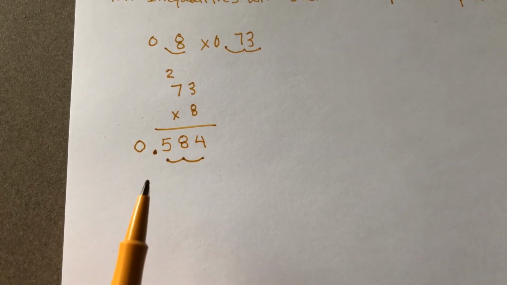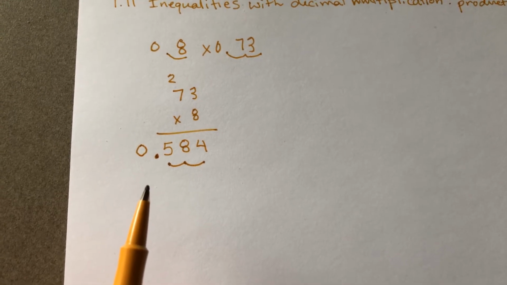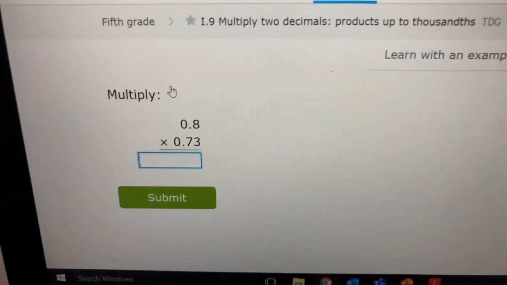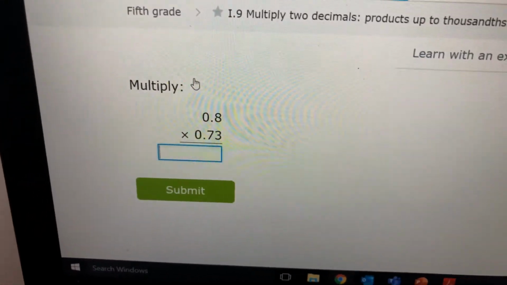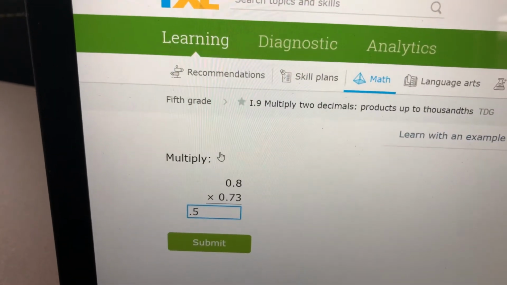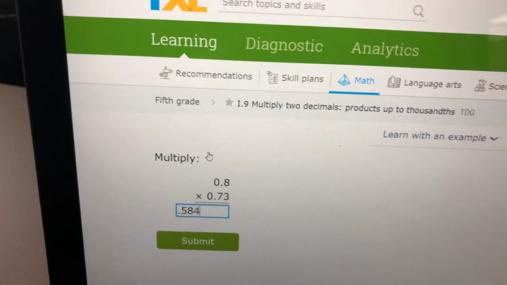So this is 584 thousandths. Then we just type it in. 0.584.